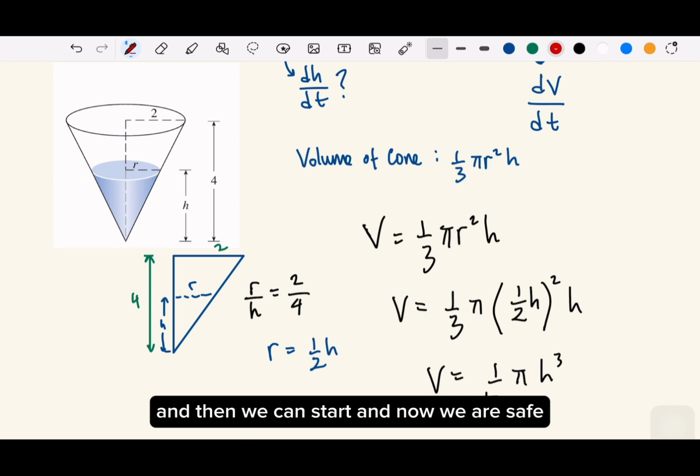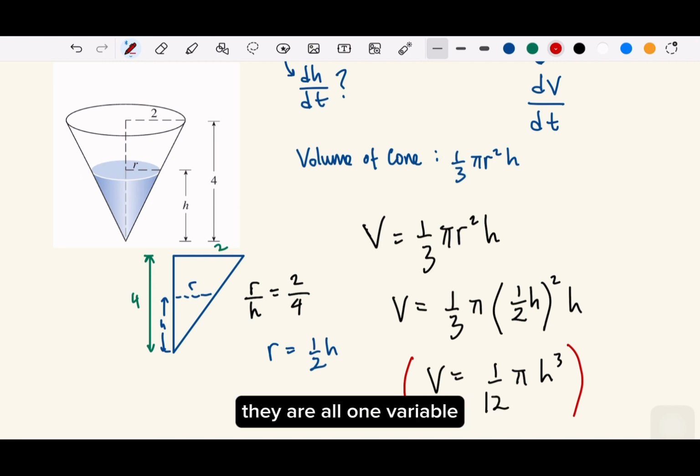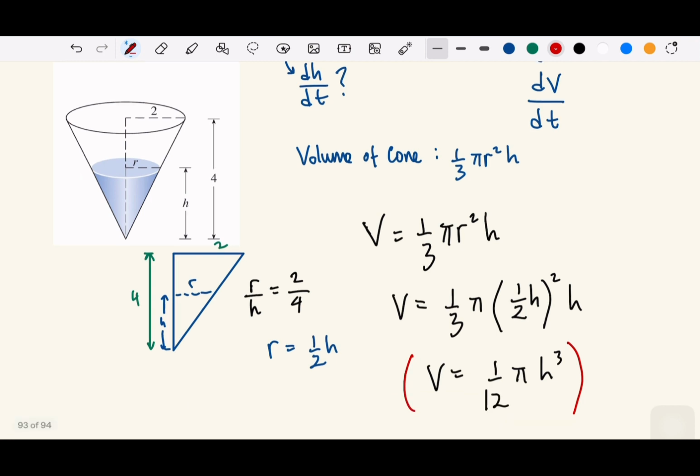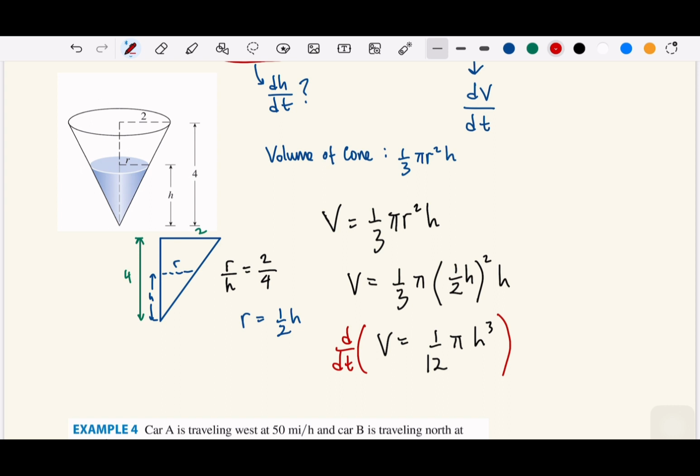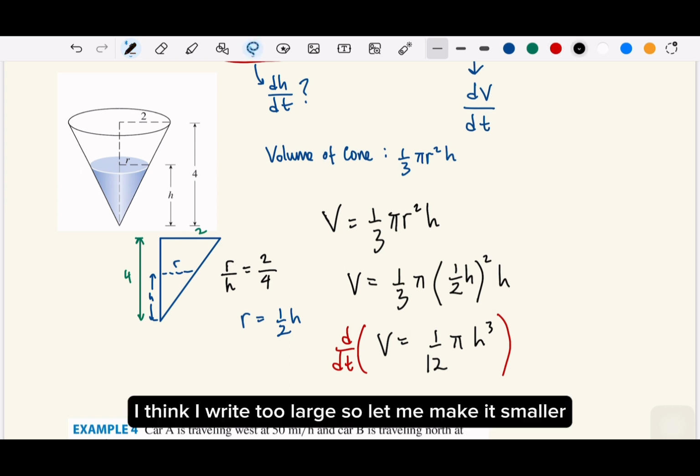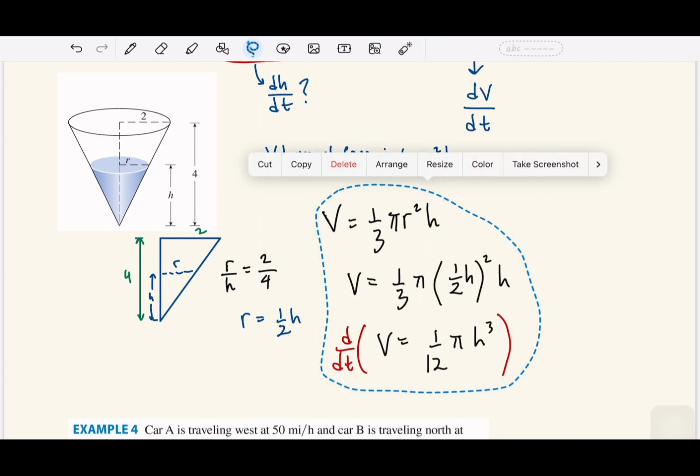And now we are safe to differentiate, because each side has only one variable. So we differentiate this with respect to t. I think I write too large, so let me make it smaller.